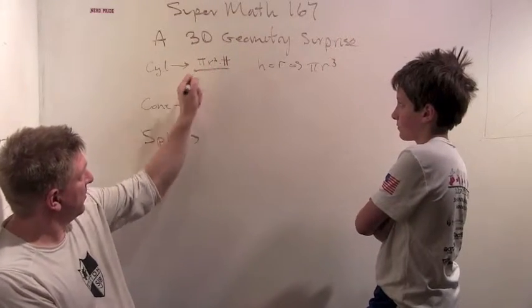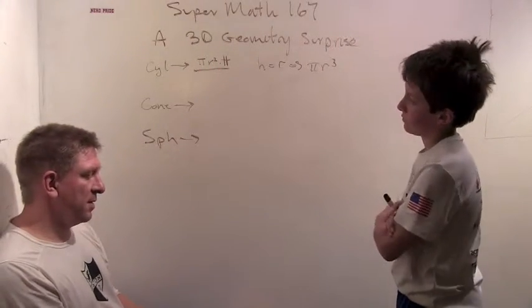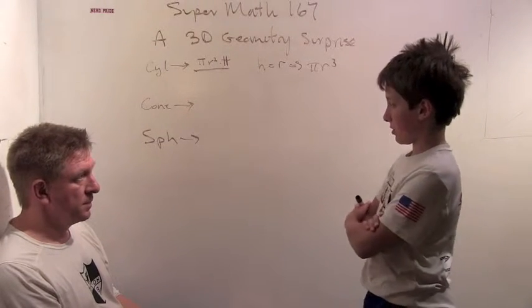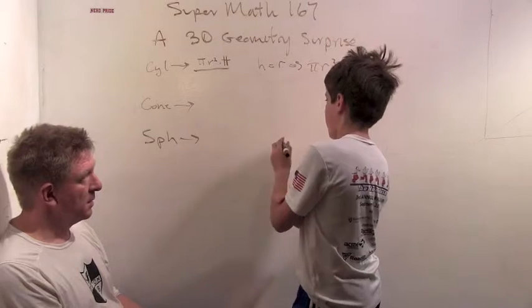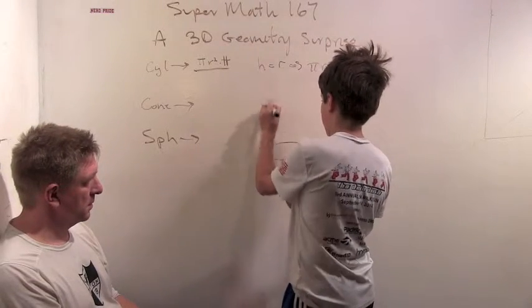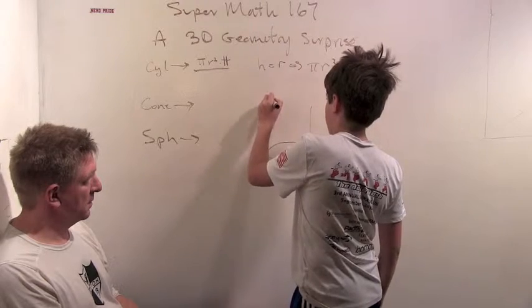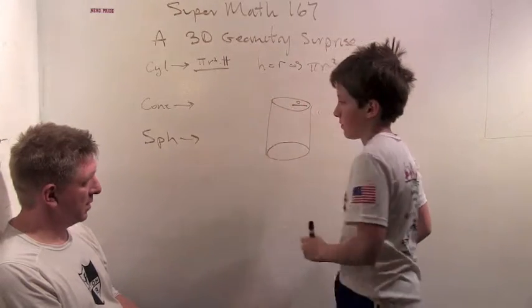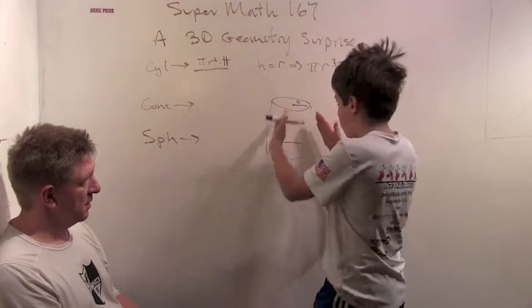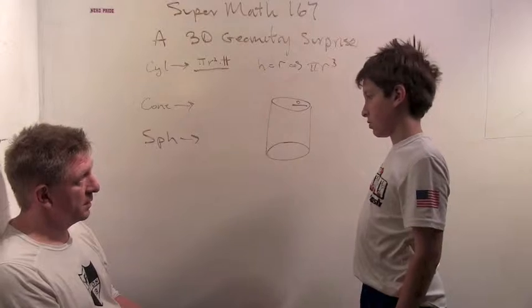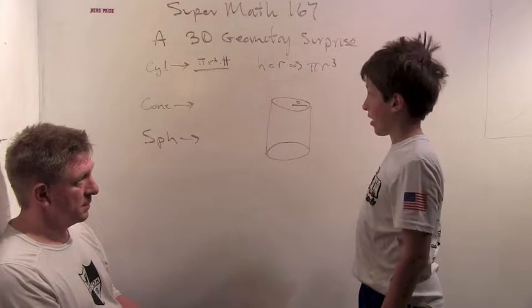Let's stick with this first. What do you think is the analogy to a cone? Well, it's a cylinder, but where the top part of it has radius 0. Does it remind you of anything we've studied already? Triangles.